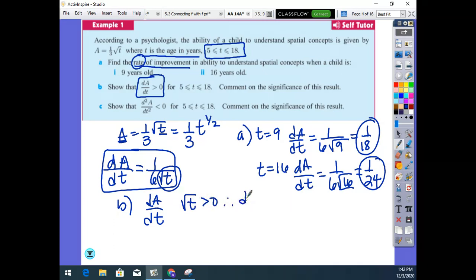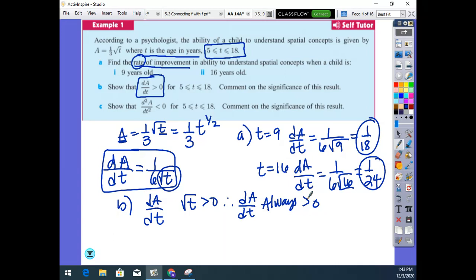Therefore, dA dt is also always greater than 0. So the older that we get, the ability to understand is increasing with age.